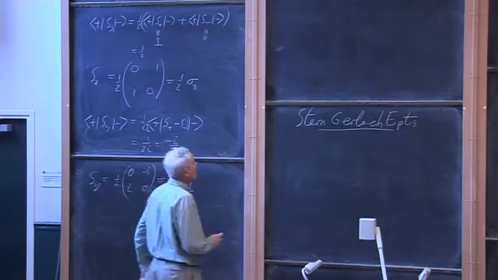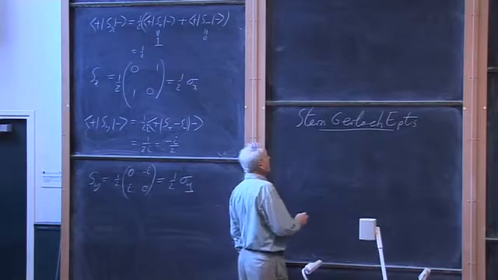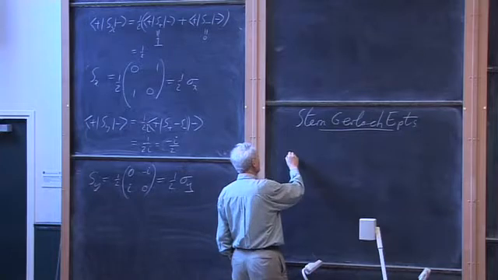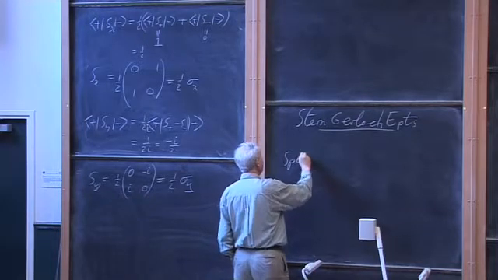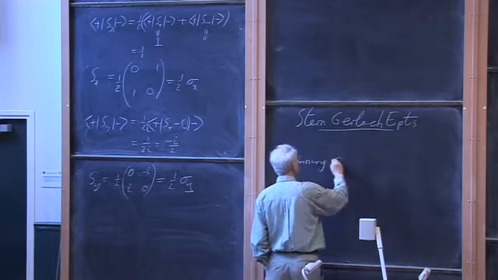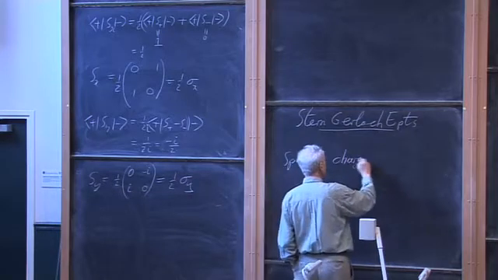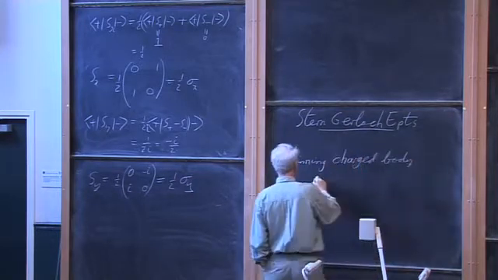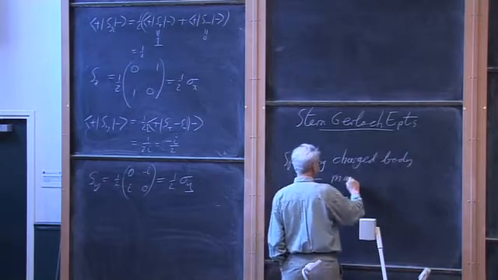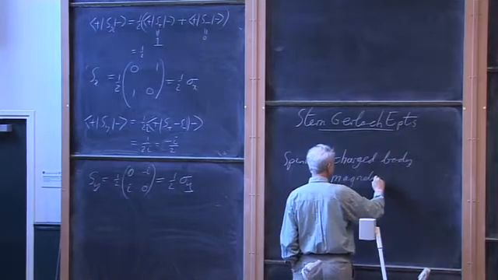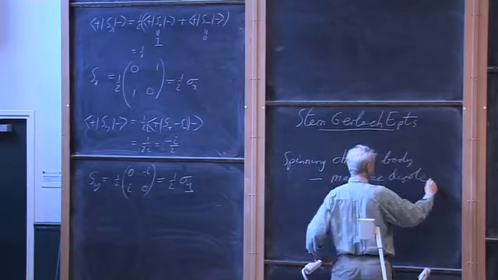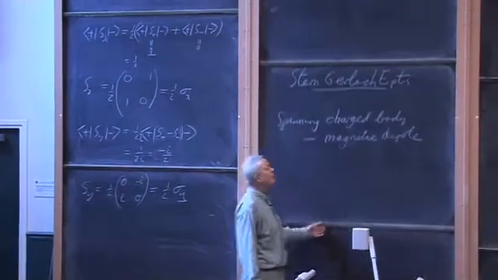So, okay. The point is that a spinning charged body is a magnetic dipole. I think that's kind of plausible.